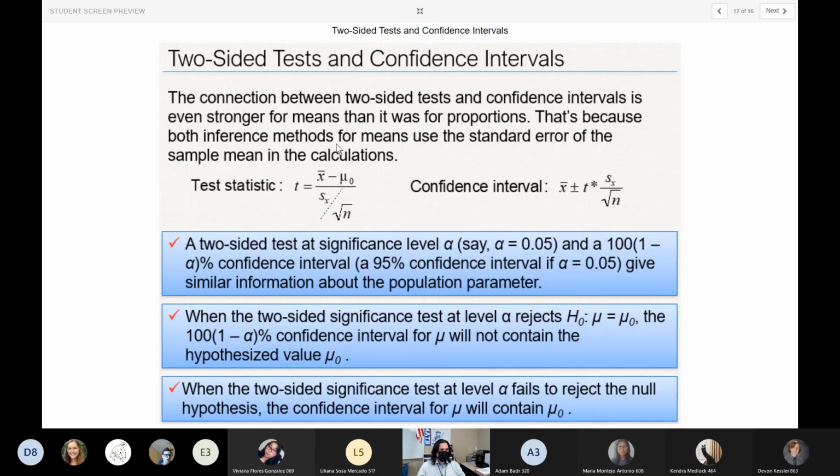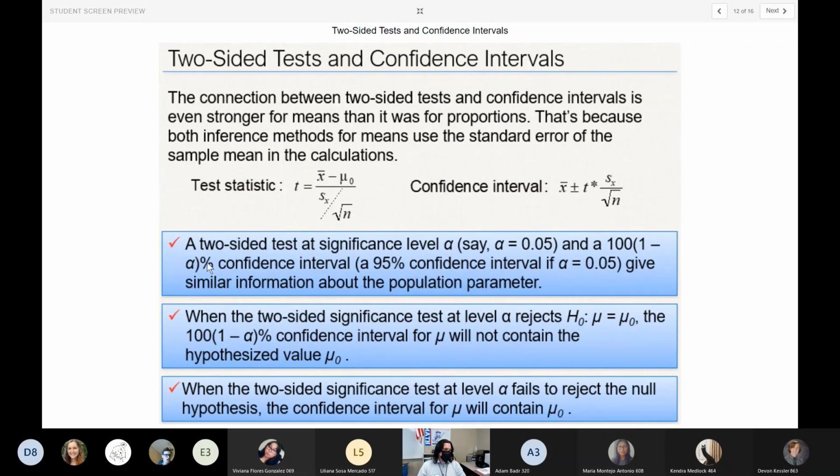This is because both inference methods for means use the standard error of the sample mean in the calculations. If we're looking at the test statistic and the confidence interval calculation, they both use the sample standard deviation divided by the square root of the sample size in their calculation. This s sub x divided by square root of n. Since they're both using the same factor, it ties them together very well.